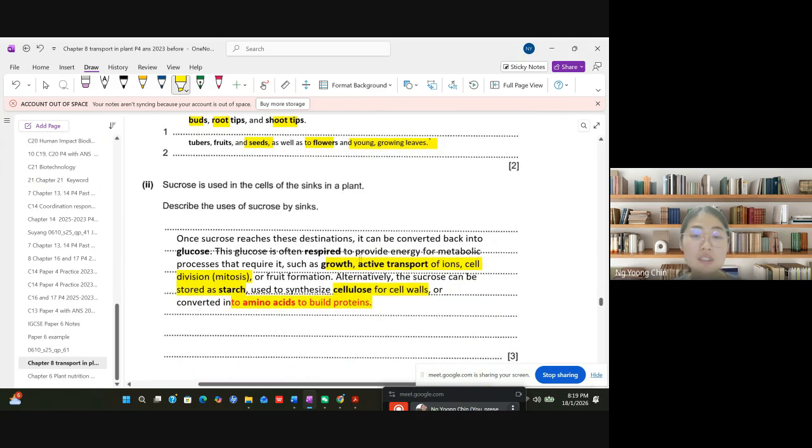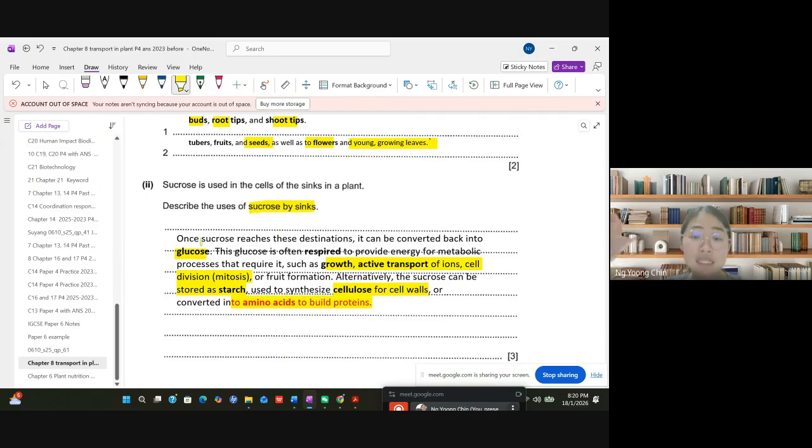Then this one: use of sucrose by the sink. How you describe it is that once the sucrose reaches its destination, it will be converted back to glucose.